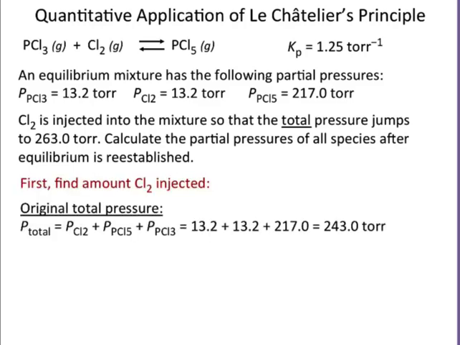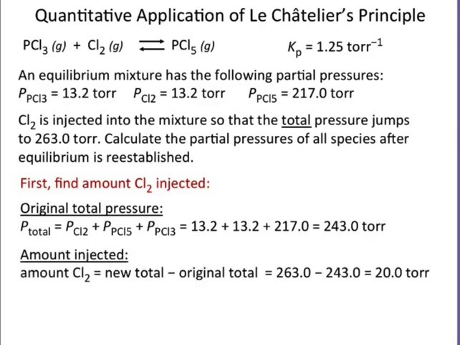So now the first thing for this particular problem we have to do is figure out how much chlorine gas we actually injected. And this is, I guess, specific to the problem here, right? You could say we put in this much chlorine gas and you don't have to do this step. But that's not given here, so we want to figure out how much chlorine gas is injected. So we have this total pressure at equilibrium when we start, just the sum of all the partial pressures.